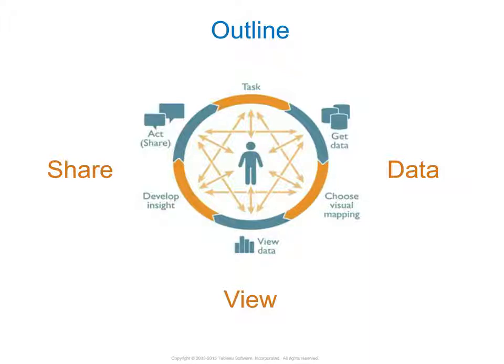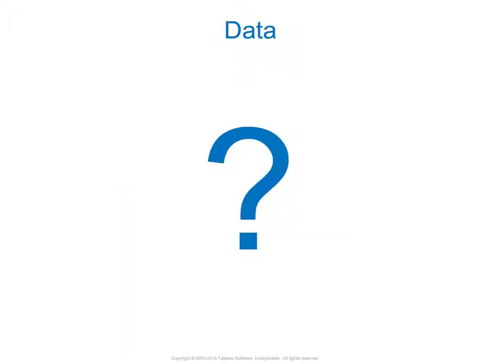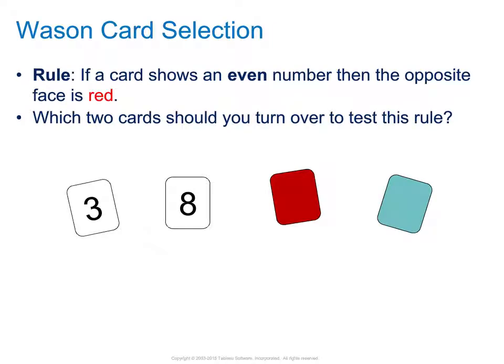I'm first going to talk about this from the data point of view, then from the view point of view, and finally from the sharing point of view. And so for the data point of view, I'm going to start with a very famous example of a cognitive bias, which is called the Wason card selection task.